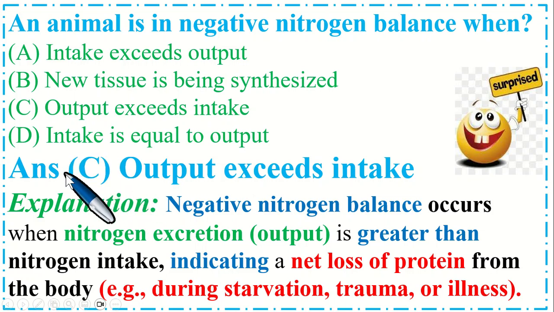So the correct option is C, output exceeds intake. Negative nitrogen balance occurs when nitrogen excretion output is greater than nitrogen intake, indicating a net loss of protein from the body, for example during starvation, trauma, or illness.